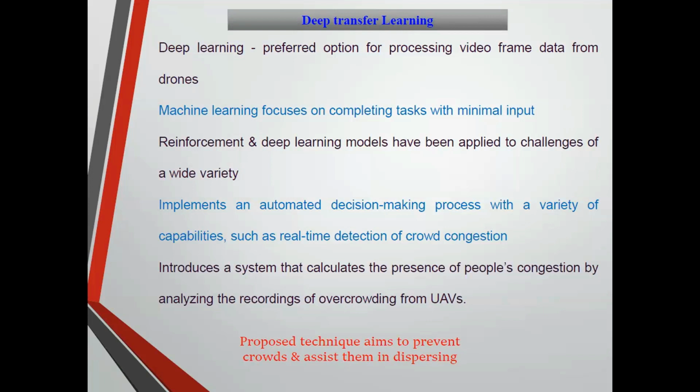In that case, machine learning focuses only on completing the task with minimal input. But we have chosen deep transfer learning because a massive set of data is available at the source end.